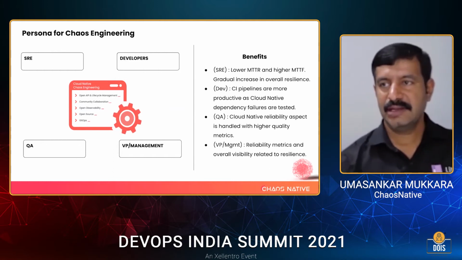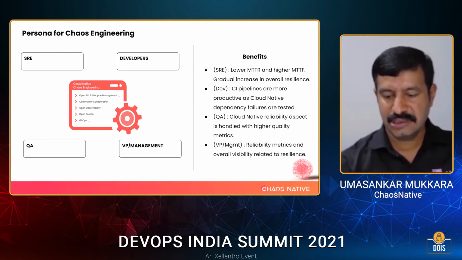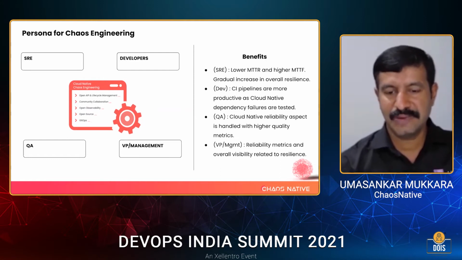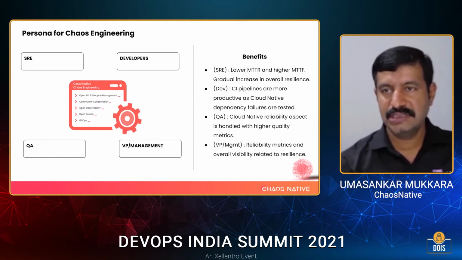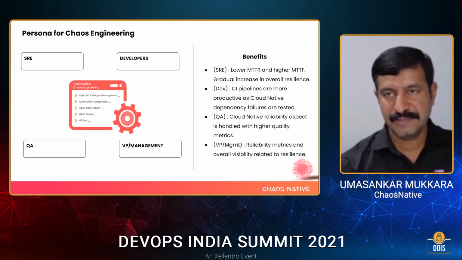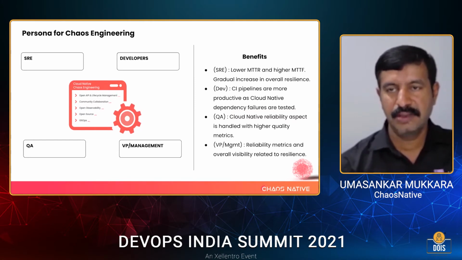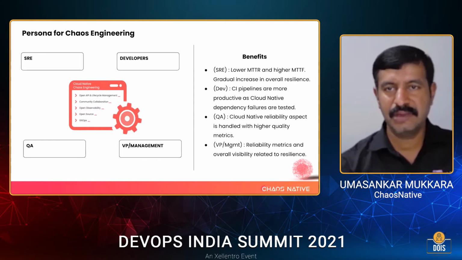So it's well known that SREs and operations teams have seen chaos engineering as a way to achieve better reliability, but the modern CI/CD sees QA, especially in their user acceptance tests, because there are more microservices being available, you would like to chaos test them and verify the quality of the services being shipped with respect to failures, right? And similarly, developers are also increasingly looking at chaos testing their code before it is shipped out.